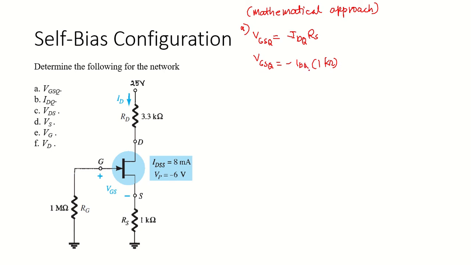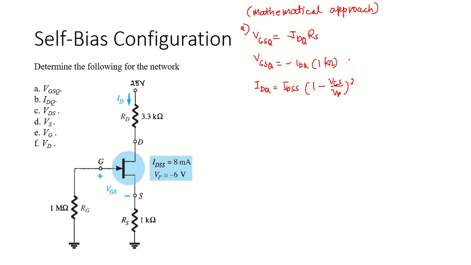So we need to find a way to get the value of VGSQ. What we will use to solve the problem is the Shockley's equation. Our IDQ is equal to IDSS times 1 minus VGS over VP, the quantity squared. So we will use this equation.